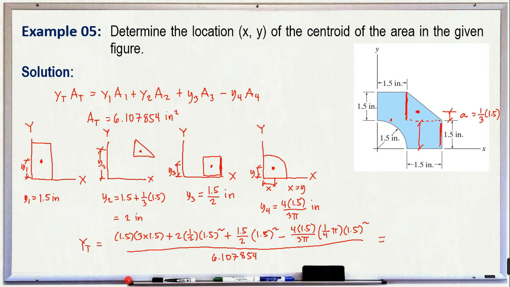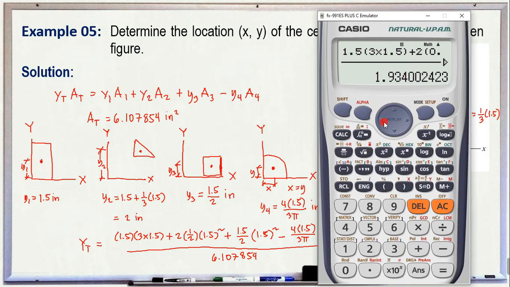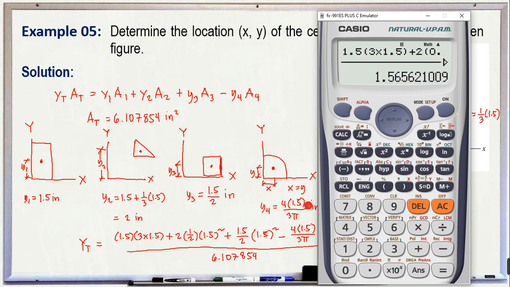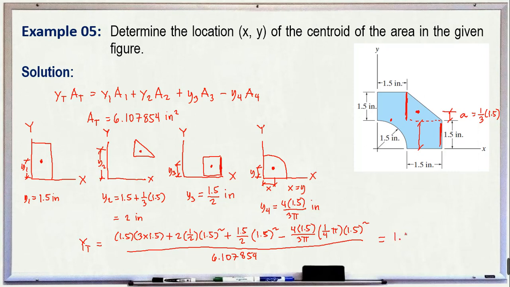So ato siya i-balik. So diri going back to our equation. Kani siya diri, din siya plus kung dili minus. Okay, so the answer is 1.5656 or 1.566 inches.